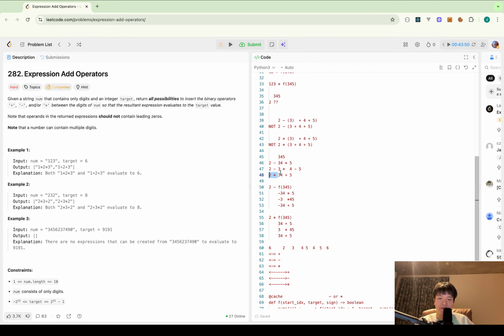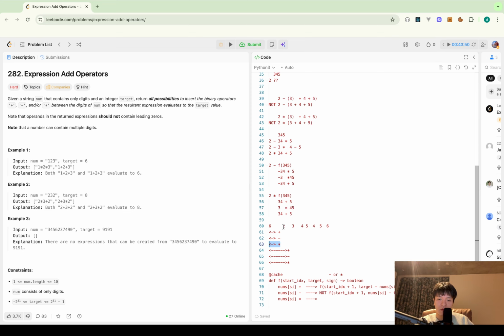So when I have times here, like this, I don't know how long the chunk should be. Plus, minus, or multiply.